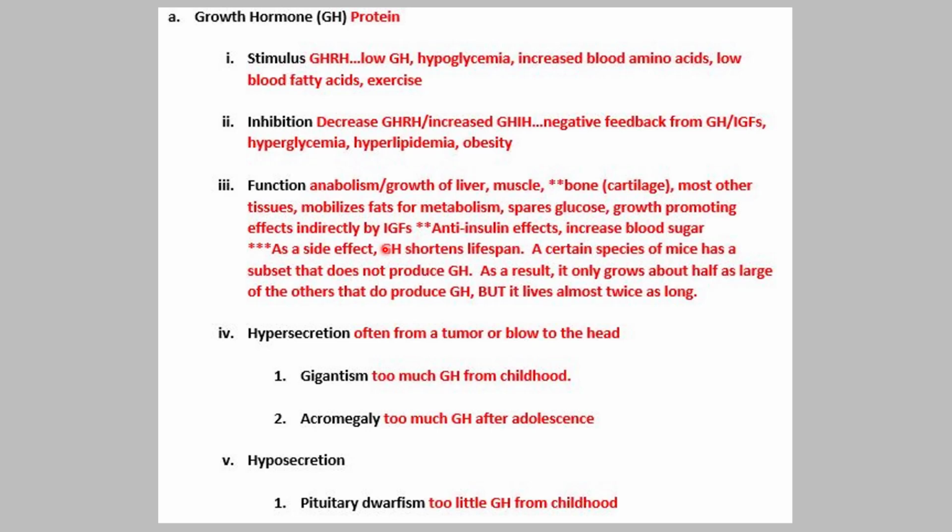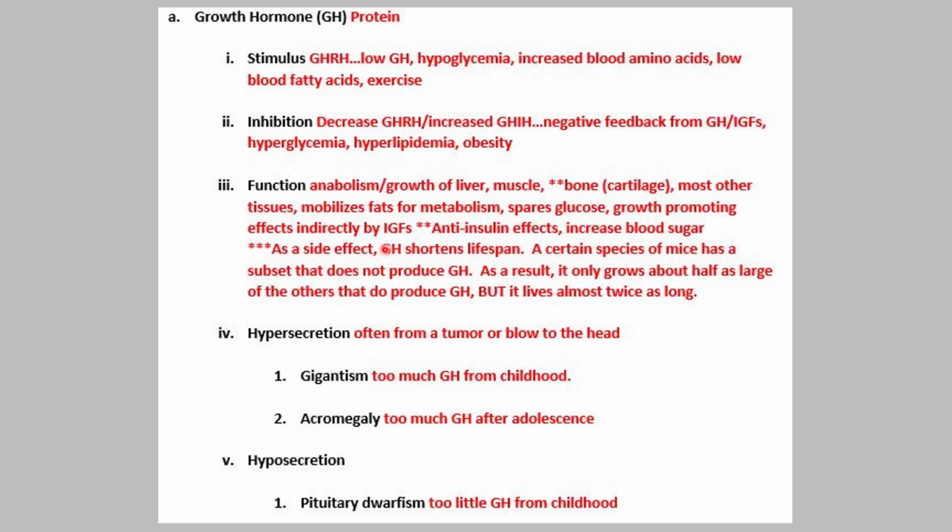So let's talk hypersecretion of growth hormone. This is typically from either a type of cancer that causes a tumor near the hypothalamus or near the anterior pituitary, or a blow to the head. So in either of these cases, the result is excess growth hormone.